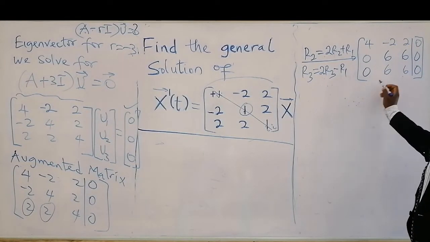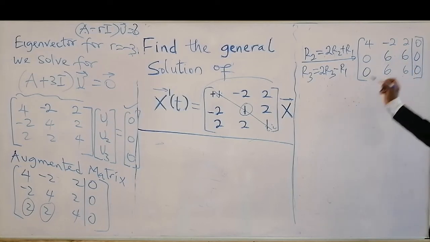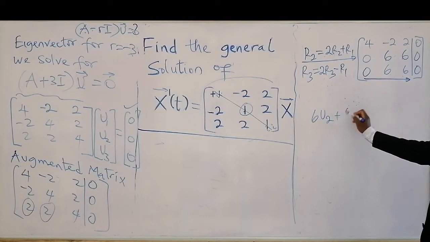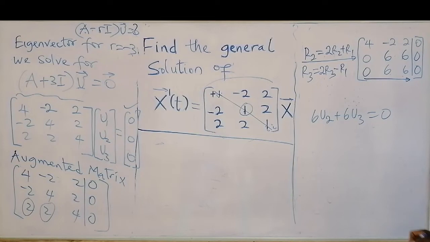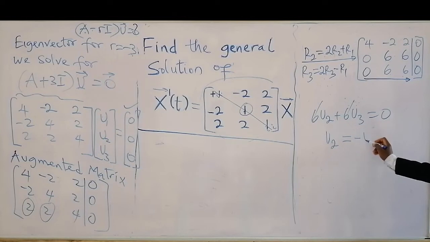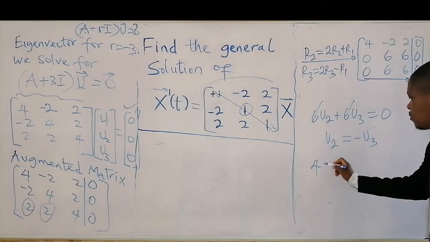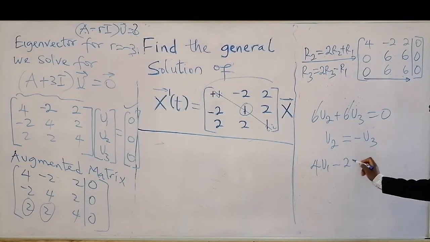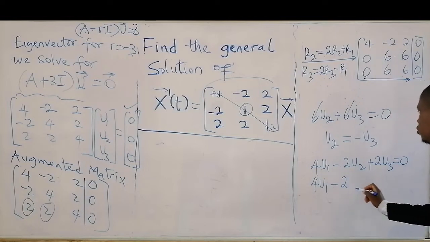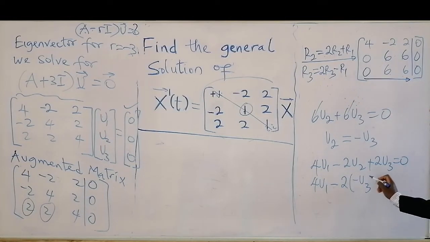So we now have from the third row, either from the third or second row, we have 6u2 plus 6u3 equal to 0. So u2, 6 we cancel out. u2 is equal to what? Minus u3. Okay? And then from the first row, we have 4u1 minus 2u2 plus 2u3 equal to 0. Then we have 4u1 minus 2u2, and u2 is minus u3, plus 2u3 equal to 0.